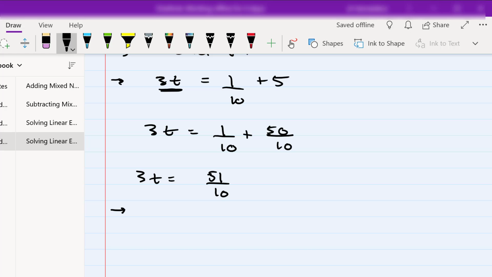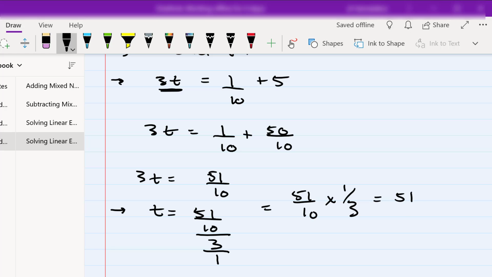Now we need t by itself, so we divide both the left-hand side and the right-hand side by 3. So we have t equals 51 over 10 divided by 3. We could think of 51 over 10 divided by 3 over 1, which is really the same thing as 51 over 10 multiplied by a third, which is just 51 over 30.